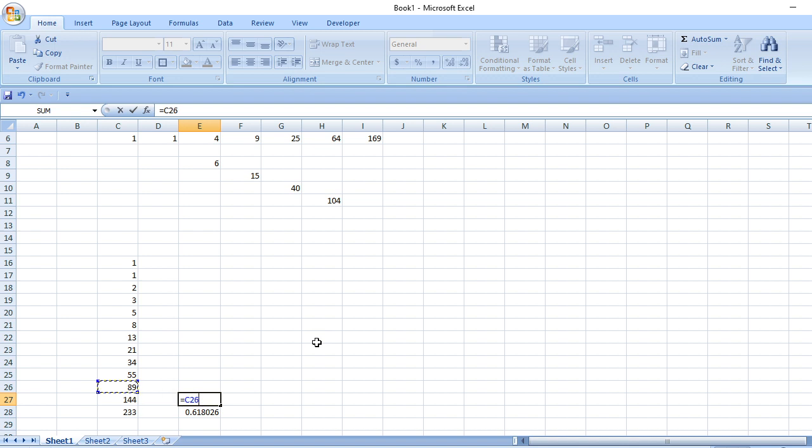Okay, I'll try to check this. 89 by its preceding number, the same ratio is coming. See, if I follow this, everywhere you can see that it's 0.618, 618, 618.